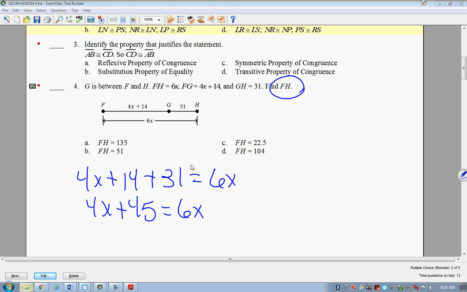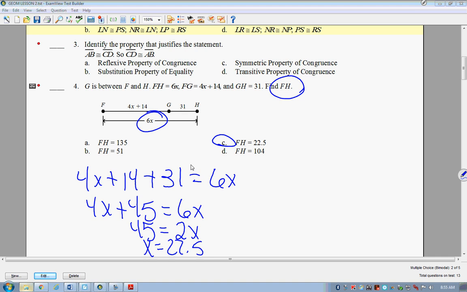Subtract 4x to the other side, right? So 45 equals 2x. Divide 45 by 2. What do I get? 22.5. The problem is that a lot of people are going to circle that because they found 22.5. But the question is what is this? So what do I need to do?